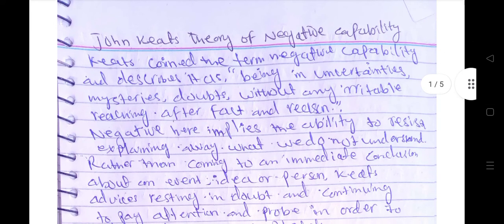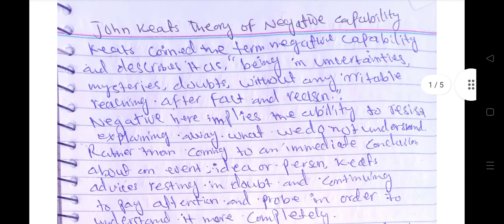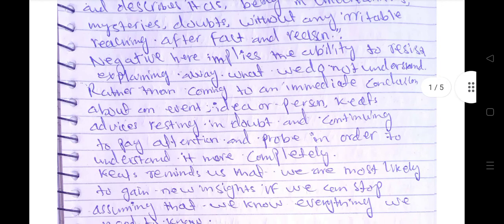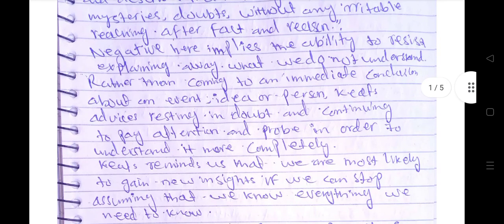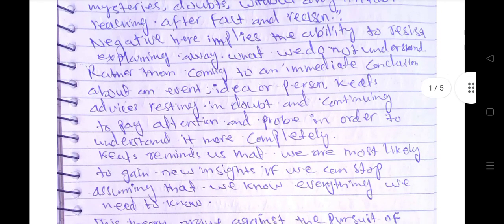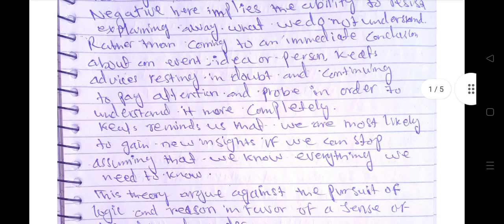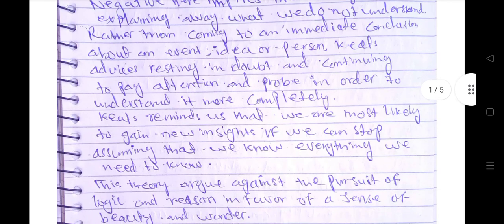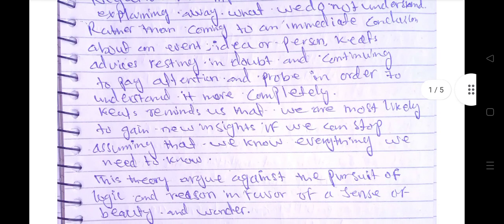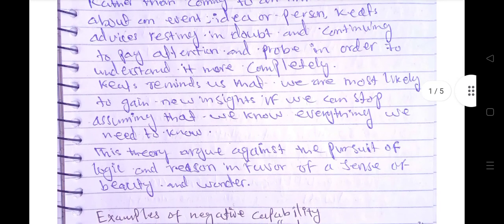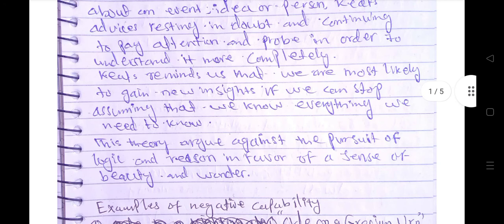This negative capability was introduced or coined by John Keats. It means being in uncertainty, mystery, doubt. It implies resisting explaining away what we do not understand, rather than reaching an immediate conclusion about an event, idea, or person, and instead resting in doubt, and continuing to pay attention and probe in order to understand what it means.